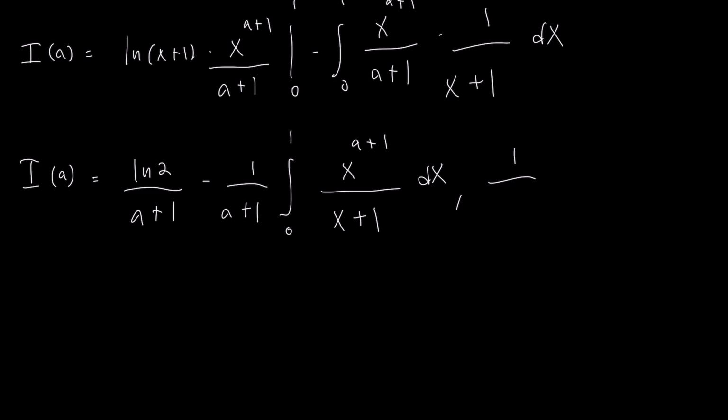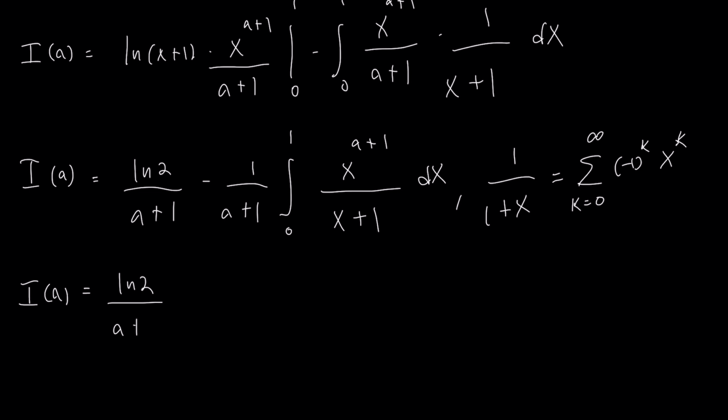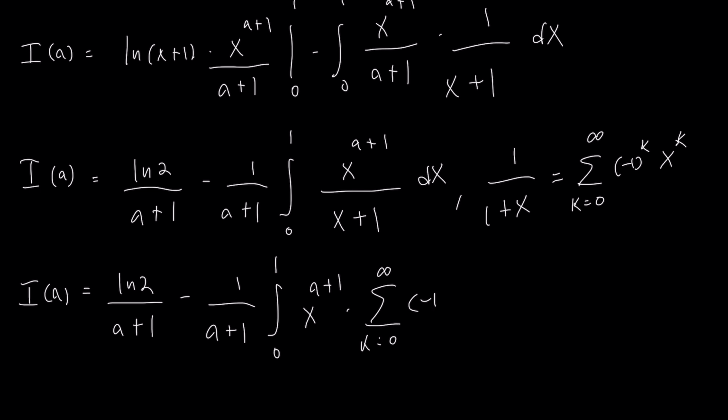And we'll use the fact that 1 over 1 plus x is the sum from 0 to infinity, negative 1 to the k, x to the k. So I of a is the natural log of 2 divided by a plus 1 minus 1 over a plus 1 times the integral from 0 to 1 of x to the a plus 1, and then the sum from 0 to infinity, negative 1 to the k, x to the k dx.